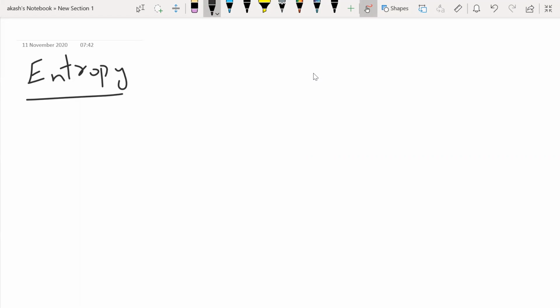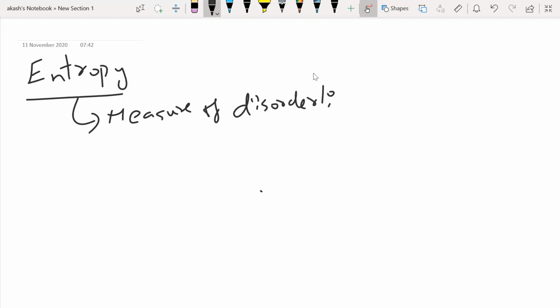So when I say entropy, what is entropy? Entropy is basically a measure of disorderliness, as simple as that.